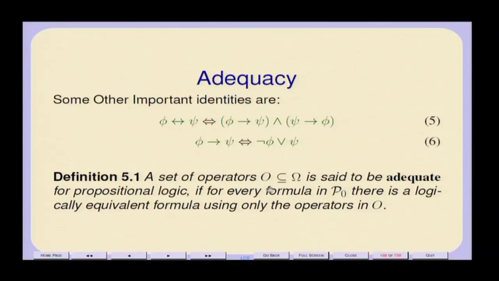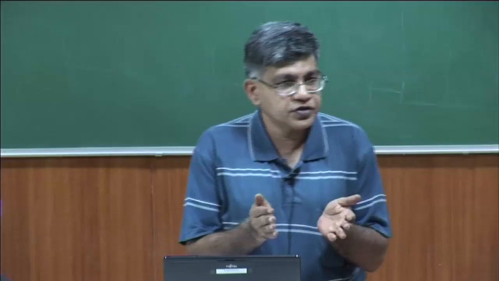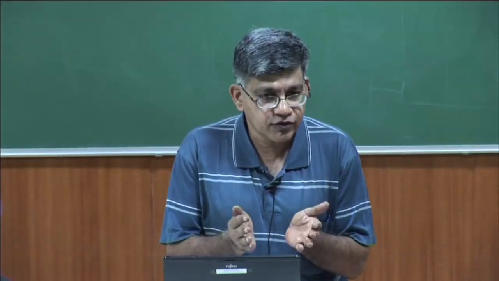Take any set of operators which is a subset of this omega; it is said to be adequate for propositional logic if for every formula in P naught there is a logically equivalent formula using only the operators in O. So, these two logical equivalences essentially say that if from omega I remove these two operators, the biconditional and the conditional, then what I have left is still an adequate set for propositional logic.